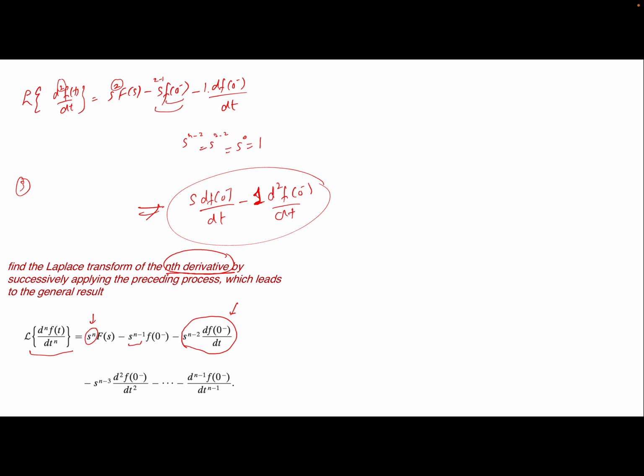So these terms will continue to keep coming up depending on the higher and higher derivatives we are taking. Hopefully this helps. You don't need to remember all of that. It's no rocket science here, so maybe you should remember some of this. At the end of the day, you're going to have the tables available, you should remember some of the things, and the rest should be on the formula sheets.